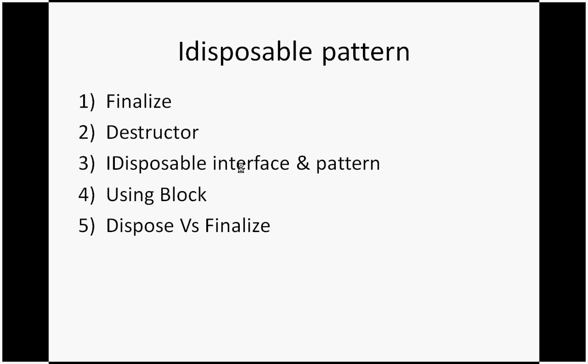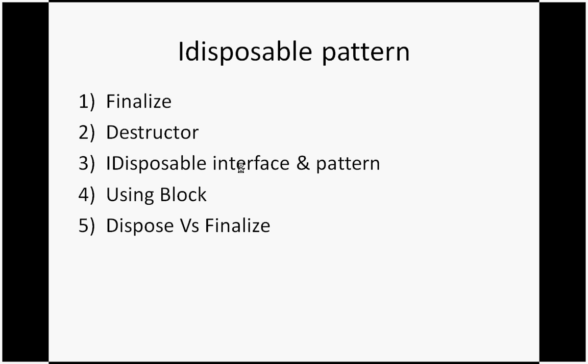But there is a high possibility that in your C# class you might use Windows APIs or COM components, which means there is a possibility of using unmanaged objects, unmanaged resources in your C# class. Once you're done using the unmanaged resources, you need to clean them up, meaning release them.